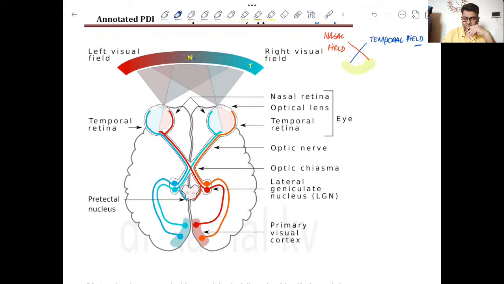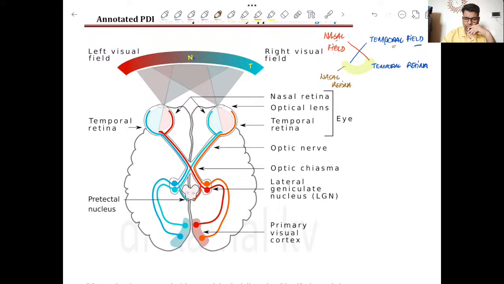So the nasal visual field fibers will go to the temporal part of the retina. Similarly, the images coming from the temporal field will fall on the nasal part of the retina. Is that clear? So from outside to inside, from inside to outside, please remember that. There is a cross before the images fall on the retina.